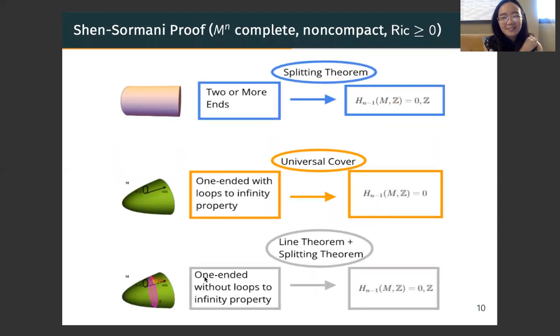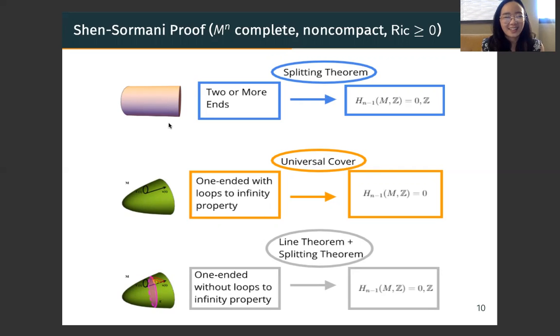Okay, so now we have enough to give a sketch of the proof of the non-negative case of the Shen-Sormani theorem. So if M is complete, non-compact, and Ricci is non-negative, then we're going to split the cases into the number of ends and the loops to infinity property. I haven't really given a definition of the number of ends, but I think of it as a two-ended manifold looks like a cylinder, and a one-ended manifold looks like a paraboloid.